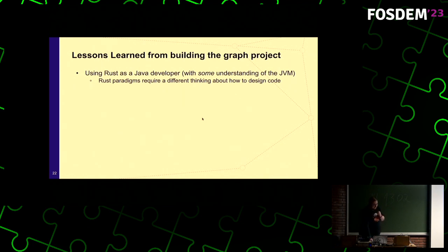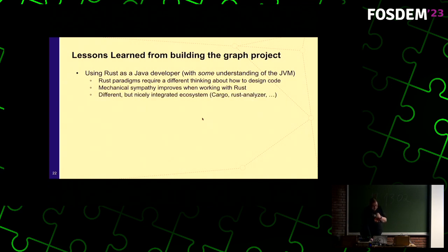And this is, of course, very nice and very refreshing coming from a Java world. But also we have a better mechanical sympathy for what happens. We don't have to think about this JVM black box where things go through before they touch the hardware. The ecosystem, Cargo, Rust Analyzer, is very, very nice.